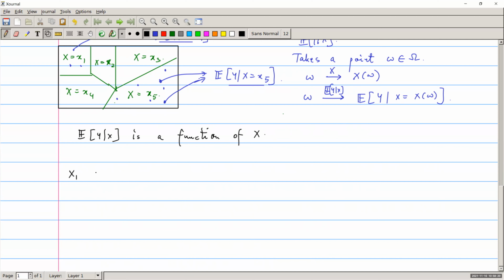Let us say we have x1 and x2. They are both Bernoulli p and they are independent. Just two random variables.